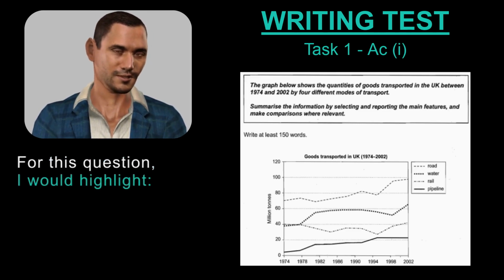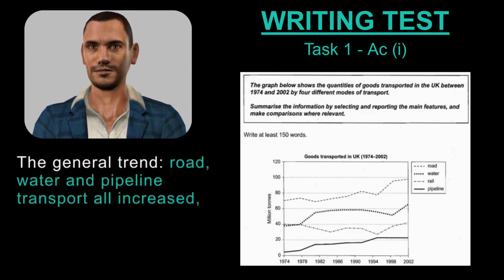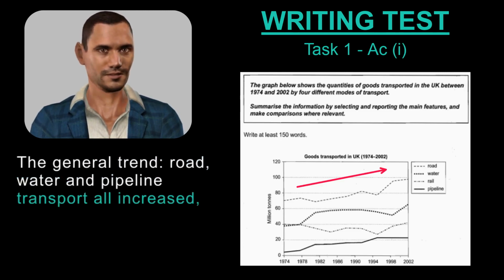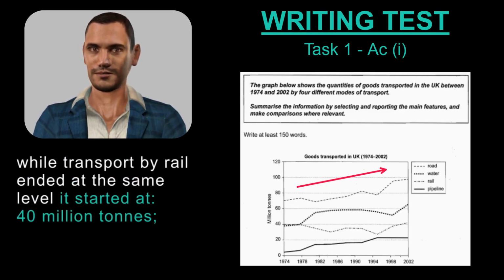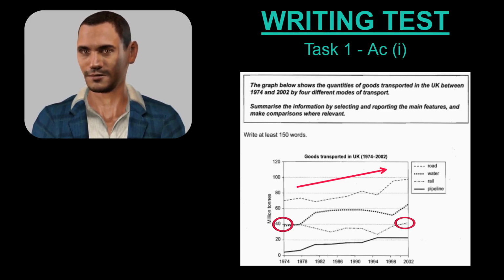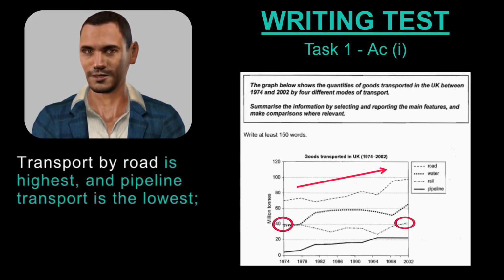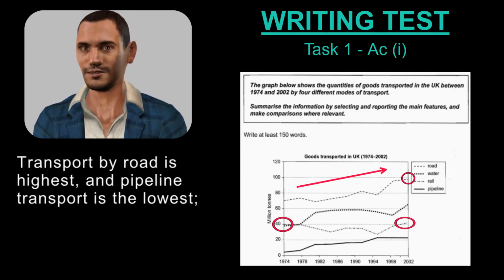For this question, I would highlight the general trend. Road, water and pipeline transport all increased, while transport by rail ended at the same level it started at, 40 million tons. Transport by road is highest, and pipeline transport is the lowest.